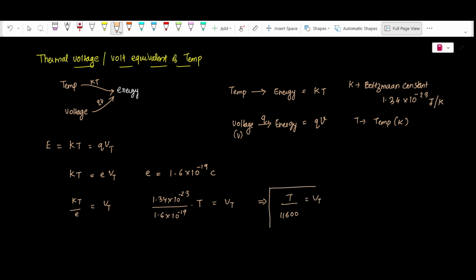From this expression, you can see that temperature and voltage are linearly related because you get a linear equation. So if temperature increases, voltage increases linearly.